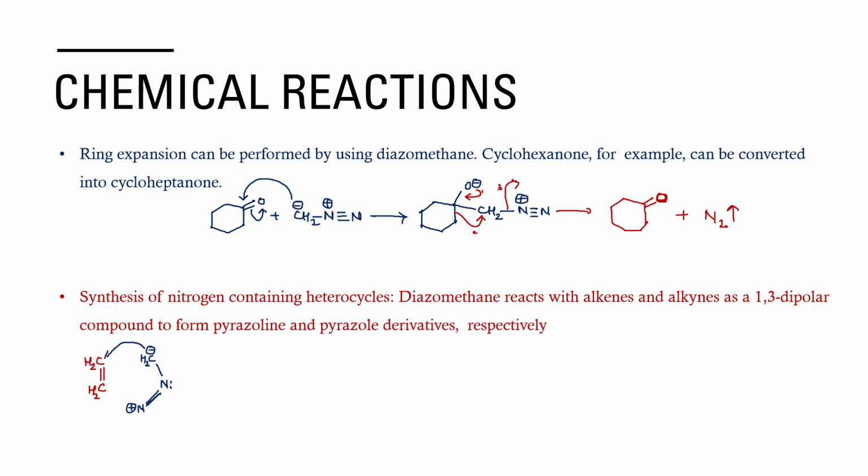So this will attack over here, and this will attack over here, and we would get something like this. CH2, CH2, N, H2, N. Just draw it properly. I'll get this.